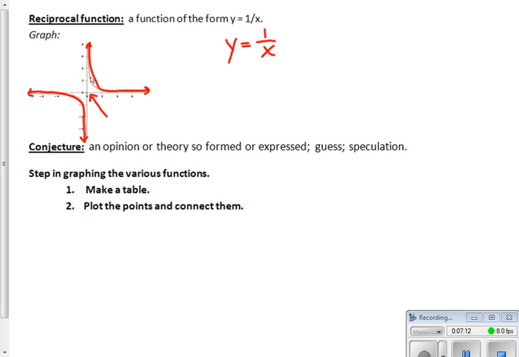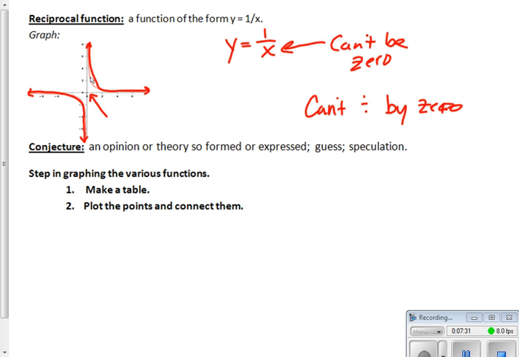This x can't be 0. The reason why it can't be 0 is you can't divide by 0. But note, when you have x as a denominator, your graphs will look something similar to this.